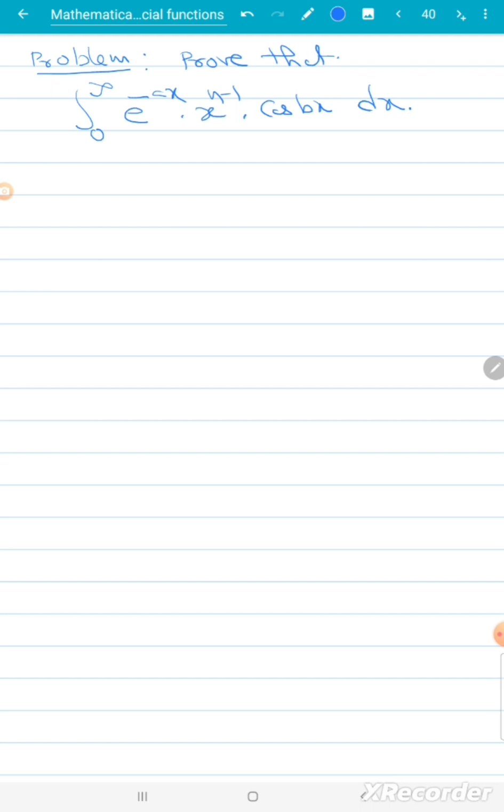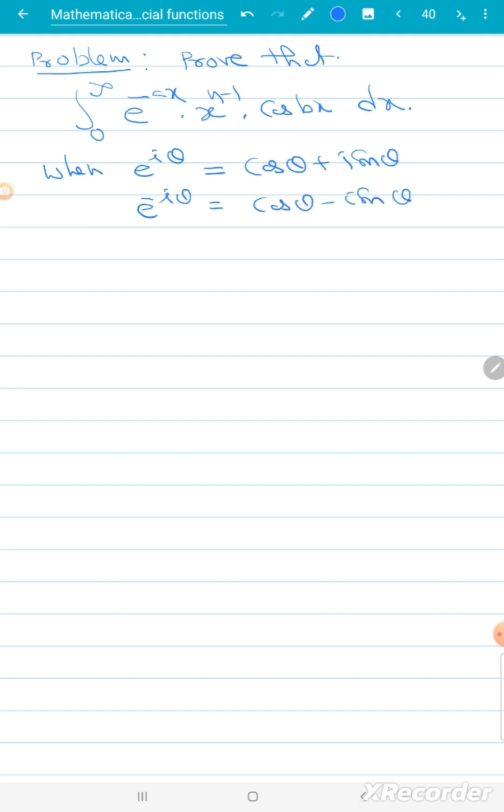It is a complex oriented concept. So one thing you need to know: when I write e power i theta, the value is cos theta plus i sin theta. Similarly, e power minus i theta value is cos theta minus i sin theta.